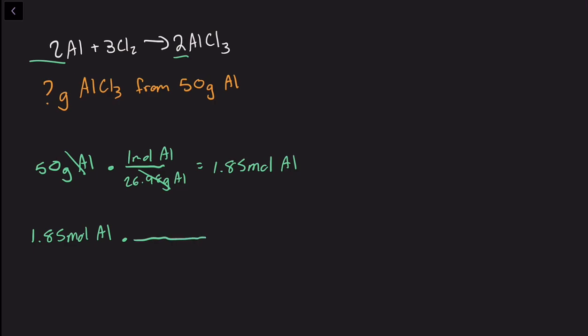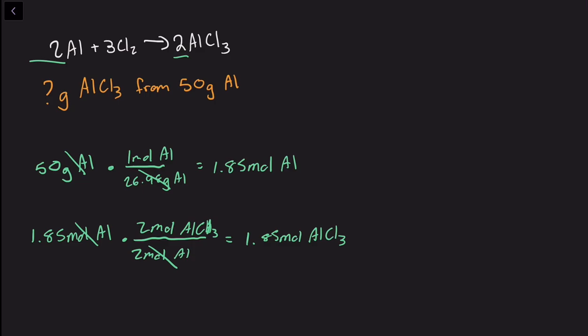So we're going to have our 2 moles of aluminum on the bottom, our 2 moles of aluminum chloride on the top. Moles of aluminum cancel out, and since it's a 2:2 ratio or a 1:1 ratio, it's just going to end up being 1.85 moles of AlCl3 as well.